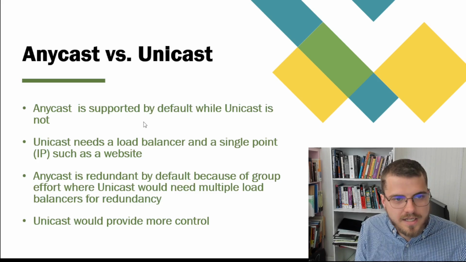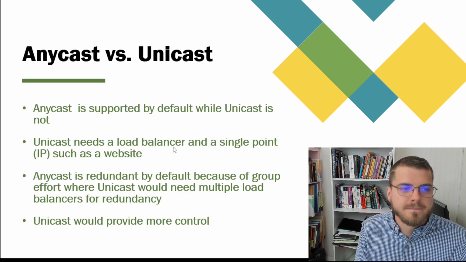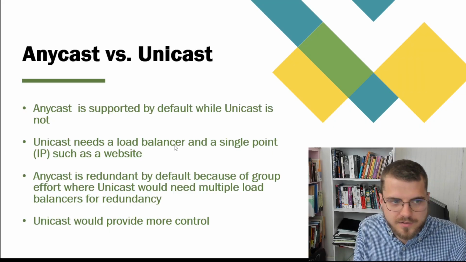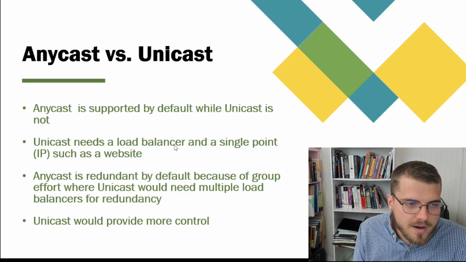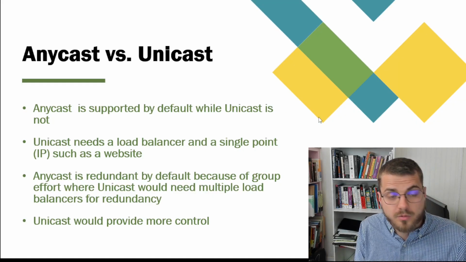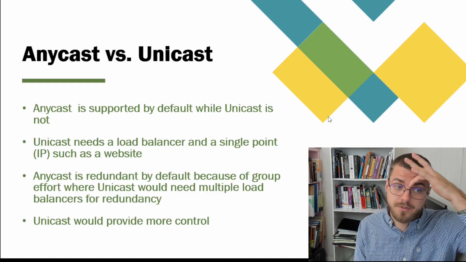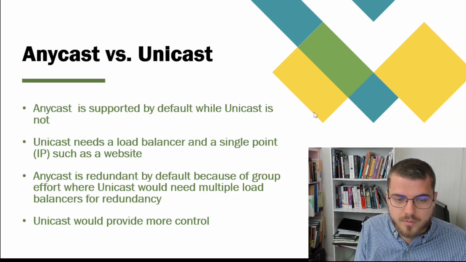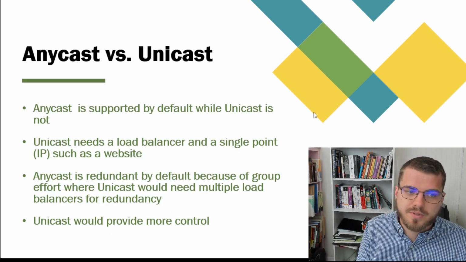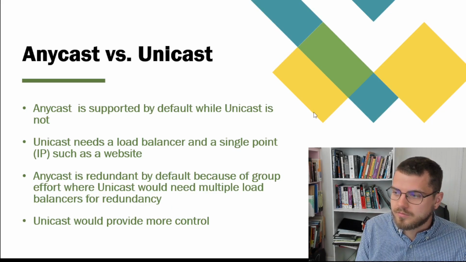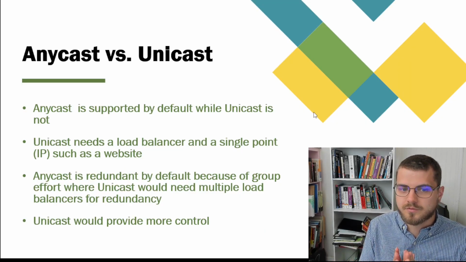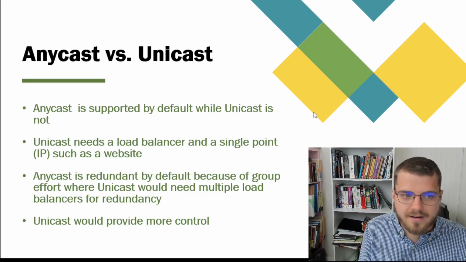So, Anycast versus Unicast. Anycast is supported by default, while Unicast is not. So every node or router will support Anycast, where with Unicast you have to have it set up a little different. Unicast needs a load balancer with a single point, such as an IP. So if you have a website, that'd be a good use case for Unicast, because you can put the load balancer right where all the traffic arrives, right?